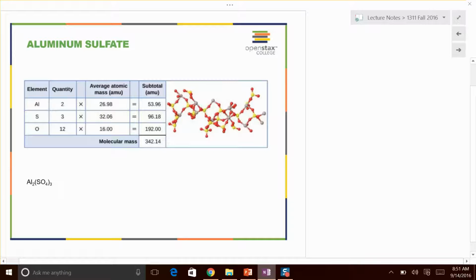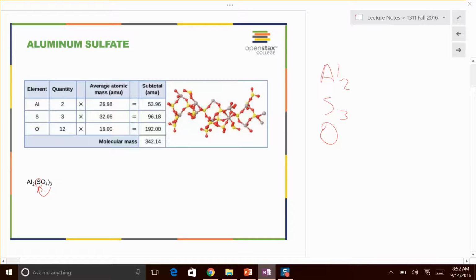All right. Now here's one that might be a little trickier, because you see the parentheses. It has 2 aluminums and 3 sulfates. So when I make my list, I want to say Al, S, O. I have 2 Als, but how many sulfurs do I have? 3, because that gets multiplied in.